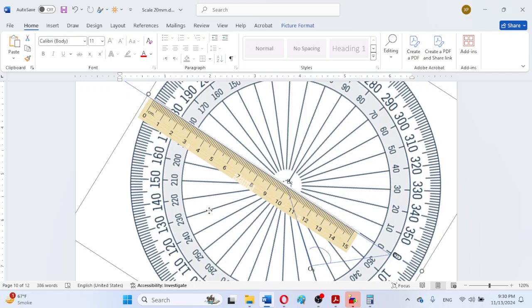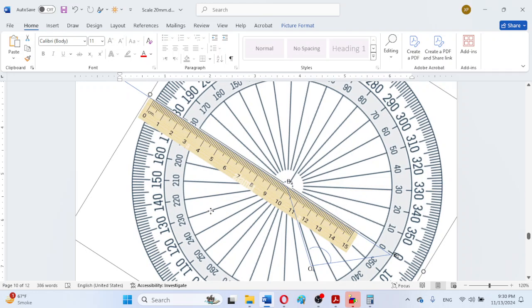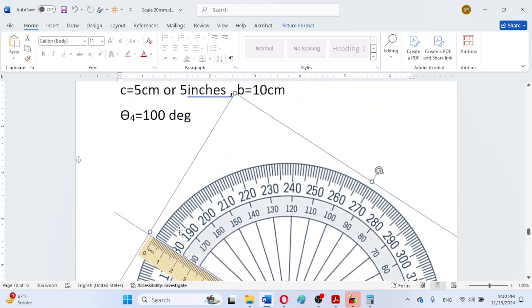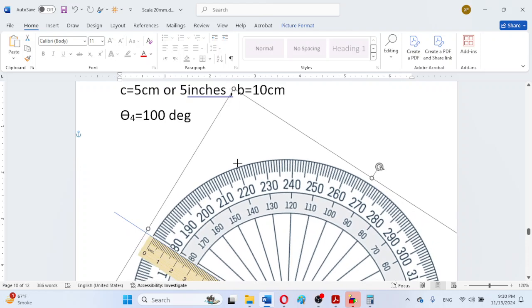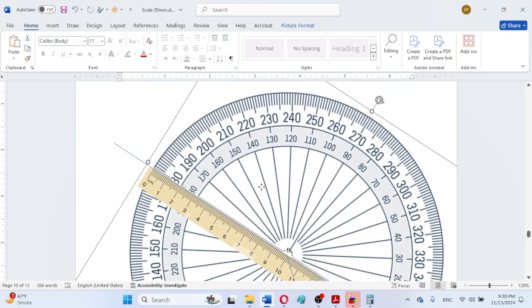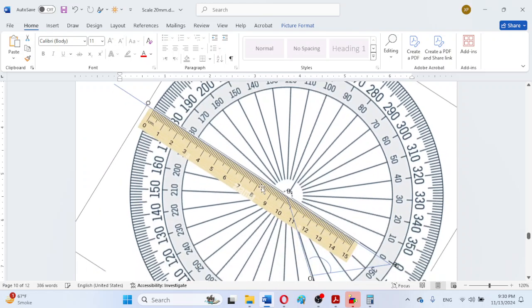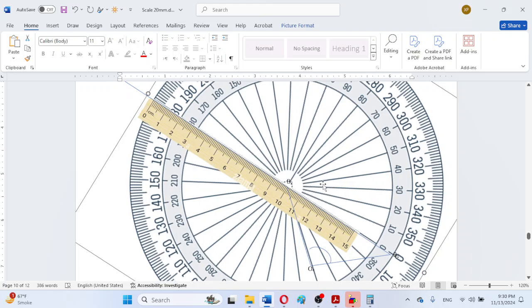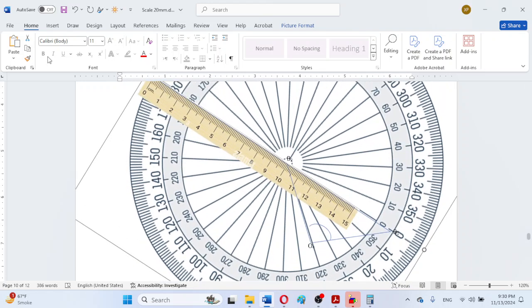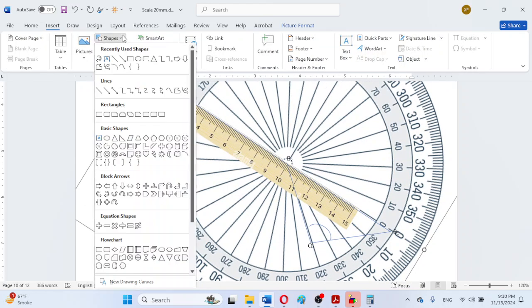So as we can observe here, about 10 centimeter dimension has been obtained, as we can observe that this protractor radius is at the 0-degree line and here is 10, so 10 centimeter length is obtained.